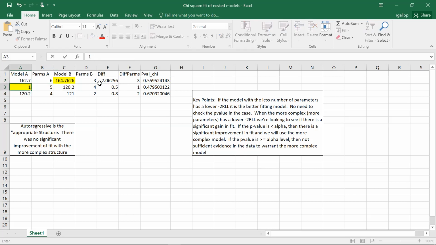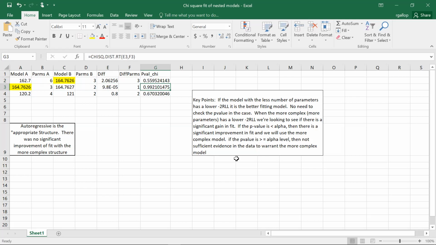Well, from here, we could now compare the Toeplitz, which requires 3 parameters, to the autoregressive. If you remember, that -2 restricted likelihood was 164.762698. The autoregressive came with 2 parameters, which gives us that difference with that p-value.